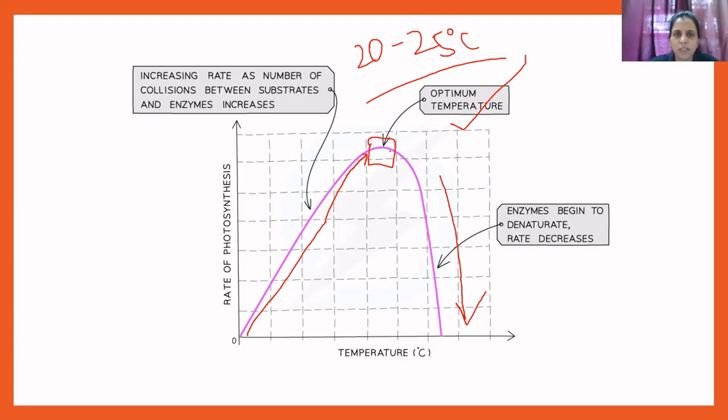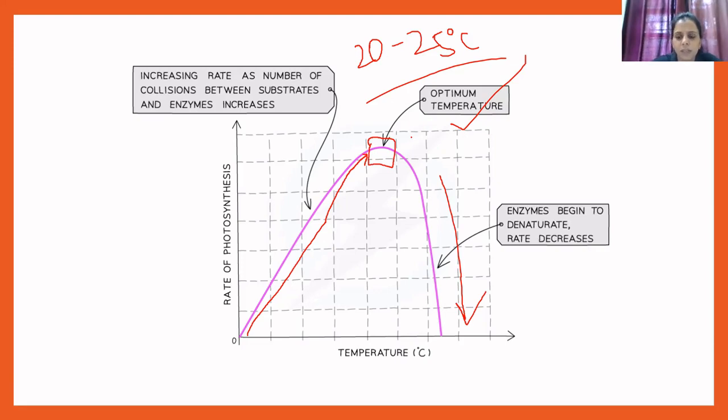Beyond optimum temperature, the rate of photosynthesis gradually decreases. This is because beyond optimum temperature, the active site shape changes and the enzymes get denatured. Okay, hence no more reaction can take place. So this is how temperature affects the rate of photosynthesis in green plants.